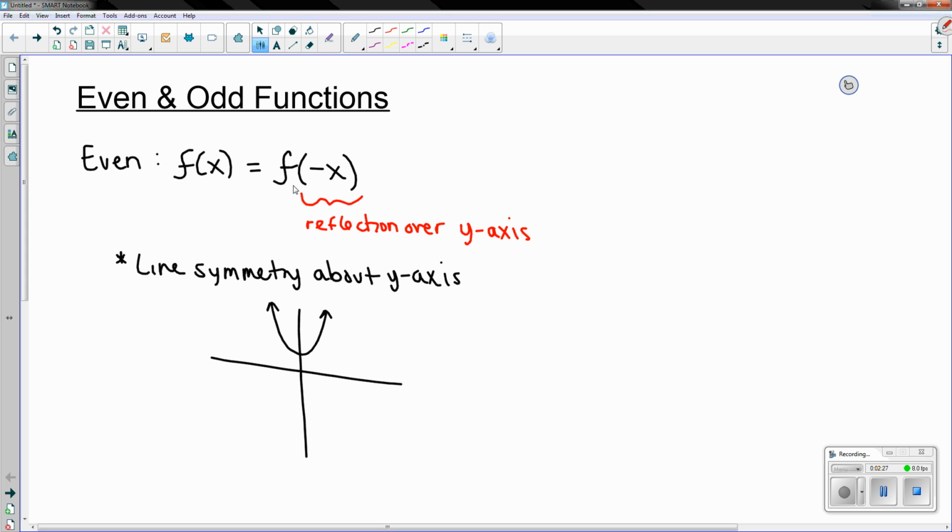If I were to reflect the right side over to the left side, and the left side back over to the right side, or do a complete line symmetry reflection over that y-axis, would it look identical to the original graph? And the answer would be yes in that case. So that would be what the even function shows visually.